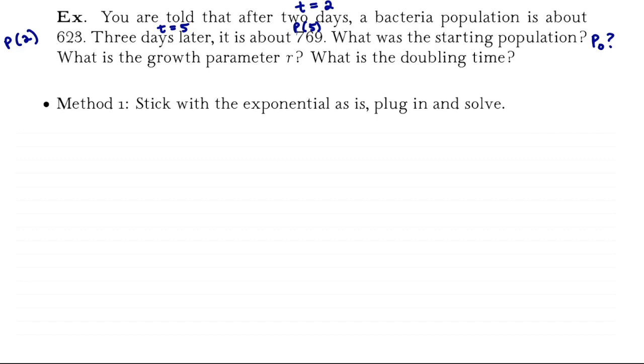Okay, let's solve this problem by plugging this pair of values that we have into our exponential. So we have two equations. The first one is going to be 623, that's P of 2, equals the unknown starting population, e to the unknown growth rate times 2. So t equals 2.